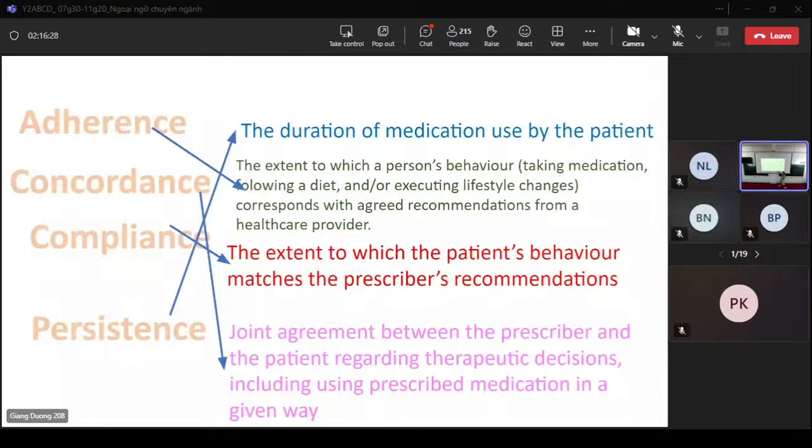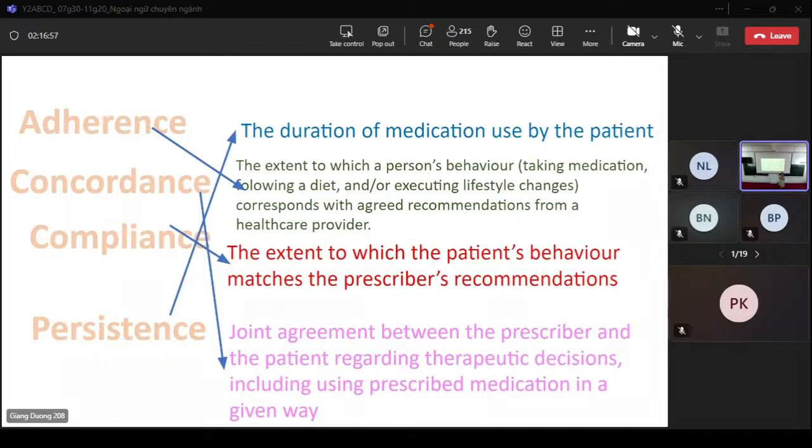Next, concordant. Concordant, that's the title. Means a joint agreement between the prescriber and the patient. Concordant means the agreement between you as doctors and I as patient. I state my problems, other illnesses, and we finally agree on the medication.